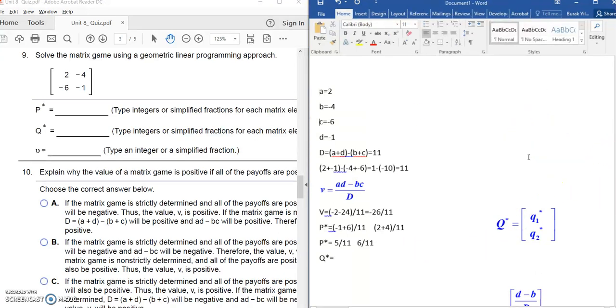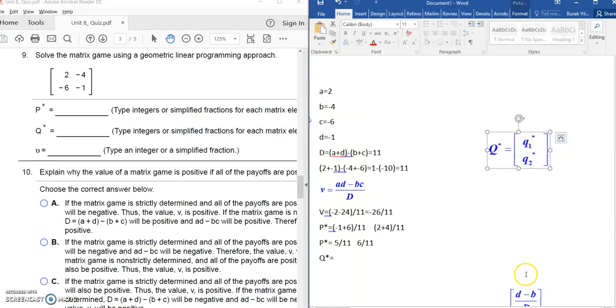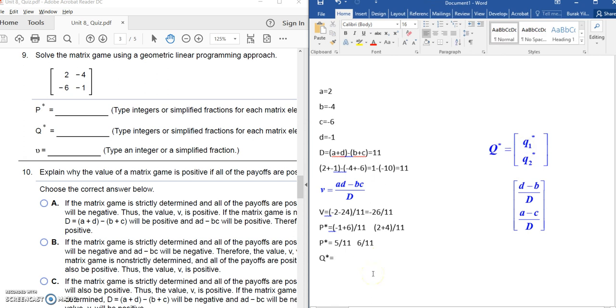And likewise Q star is D minus B, so -1 minus -4, so that makes -1 plus 4, divided by 11, because that's capital D. And then the second entry would be A minus C, so 2 minus -6, which makes 2 plus 6, divided by 11.